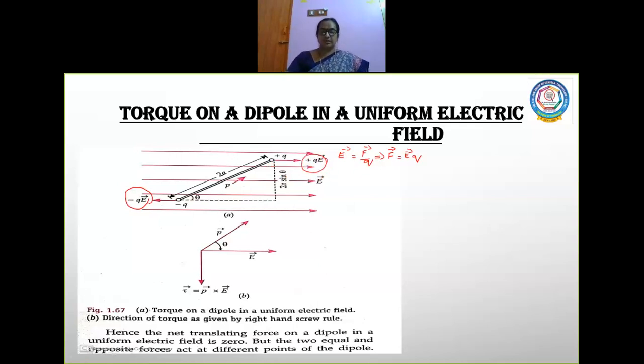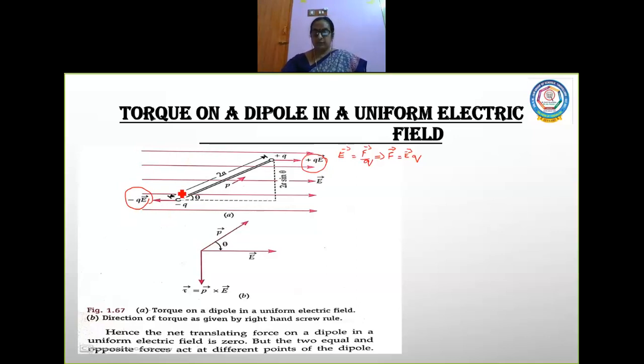The force here acts along the direction of electric field, right? So E vector is along this outward. Now qE and E vector are in the same direction, right? Whereas here, this is just opposite to the direction of E vector, right? So two forces are produced, right?